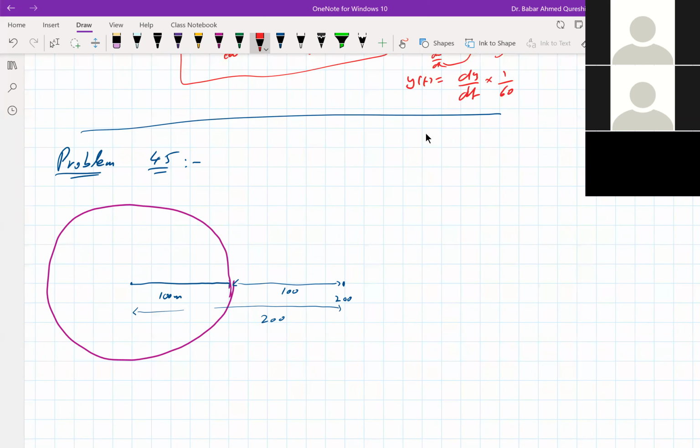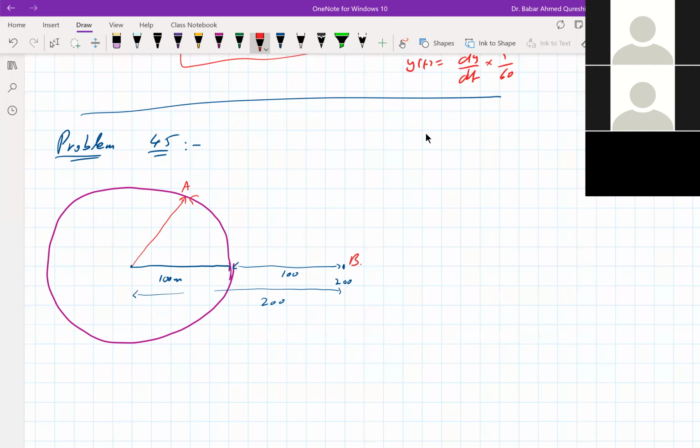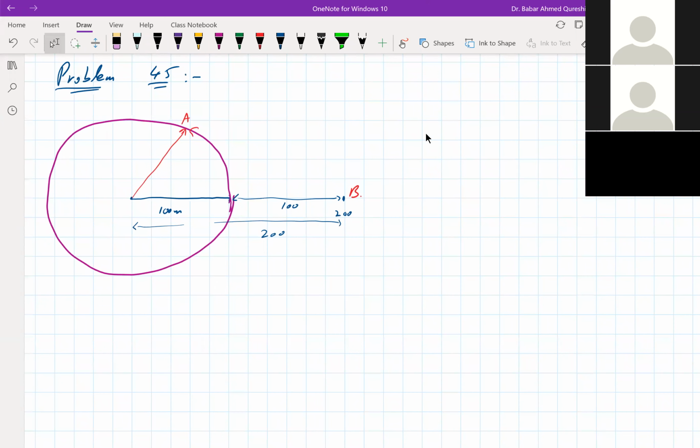The runner is running like this. So there will be some point here. Let's call the friend person B and the runner person A. Now I can put the origin here.